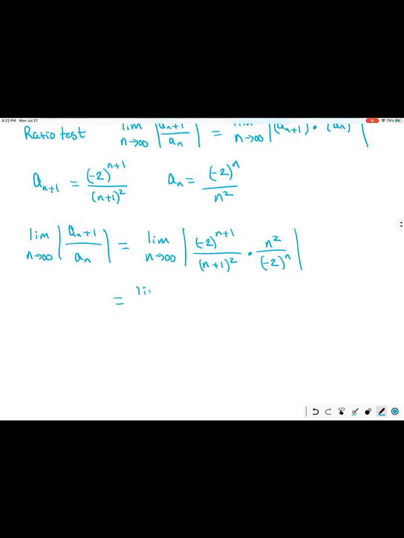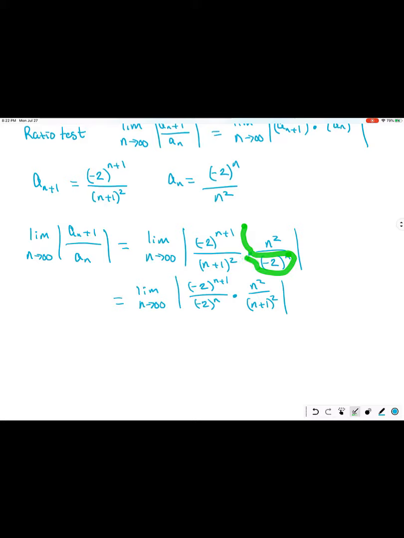So then that is equal to the limit as n approaches infinity, and I'm going to line up minus 2 to the n plus 1 divided by minus 2 to the n, all of that multiplied by n squared divided by n plus 1, that quantity squared, still inside the absolute value.